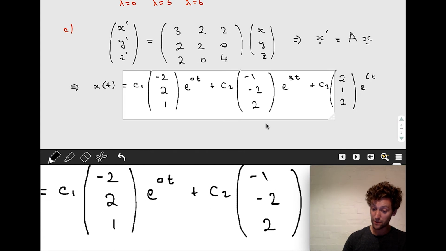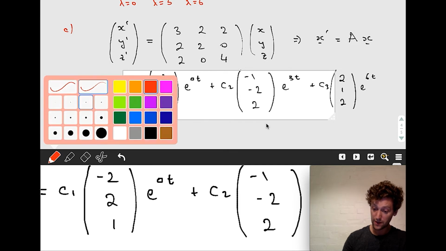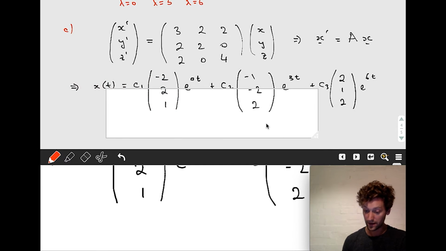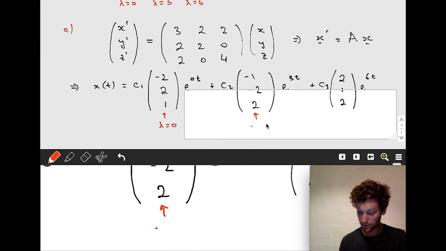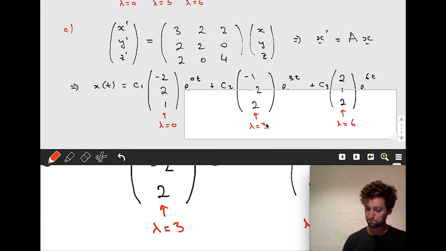And again, the thing to remember here is that I've matched the eigenvalues and the eigenvectors. So this is the eigenvector corresponding to lambda equals 0. This is the eigenvector corresponding to lambda equals 3. And this is the eigenvector corresponding to lambda equals 6.